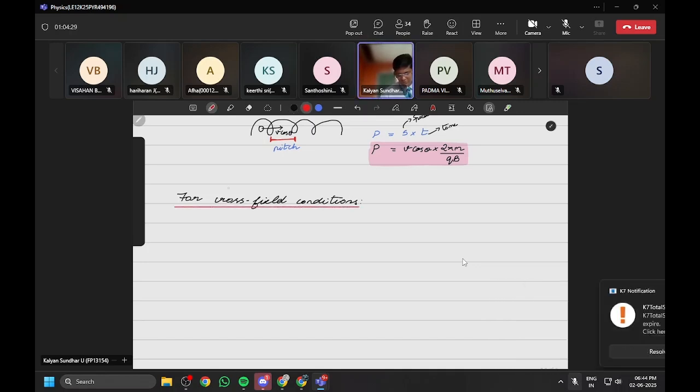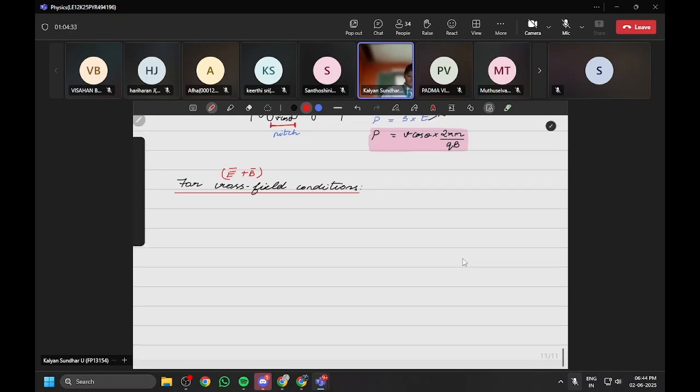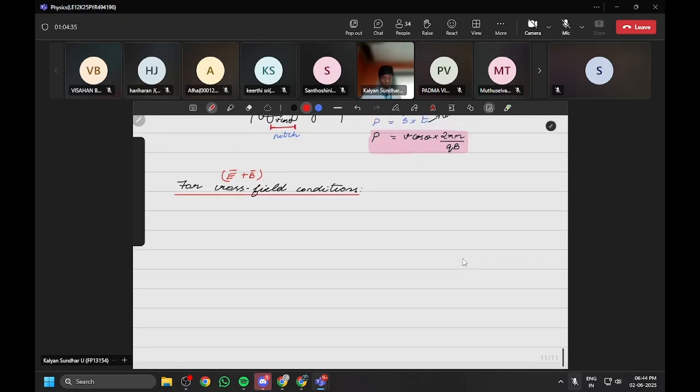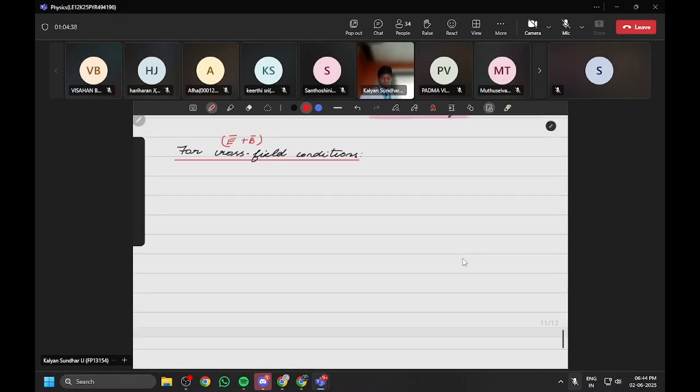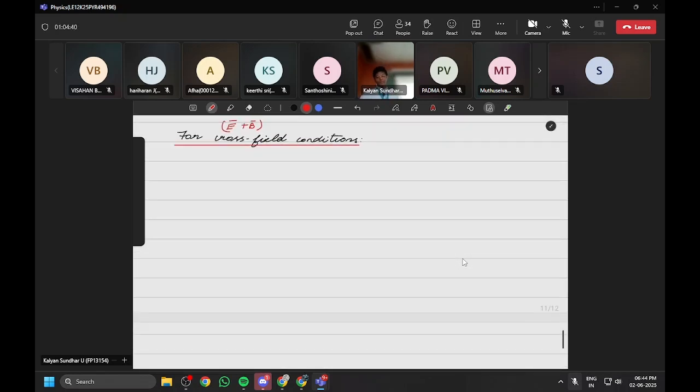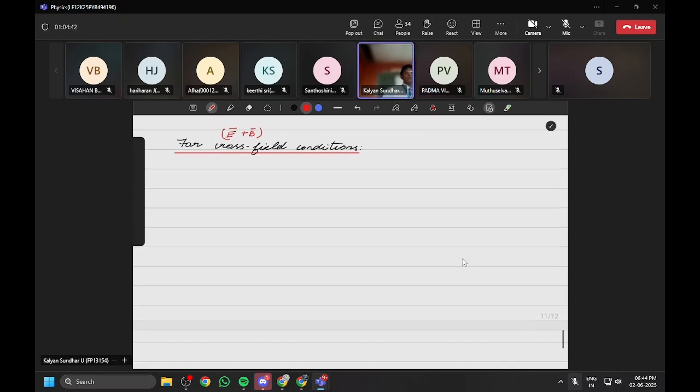So a cross field is nothing but electric field plus your magnetic field. The first case is that E is parallel to B. This is your electric field vector, and this is your magnetic field vector.